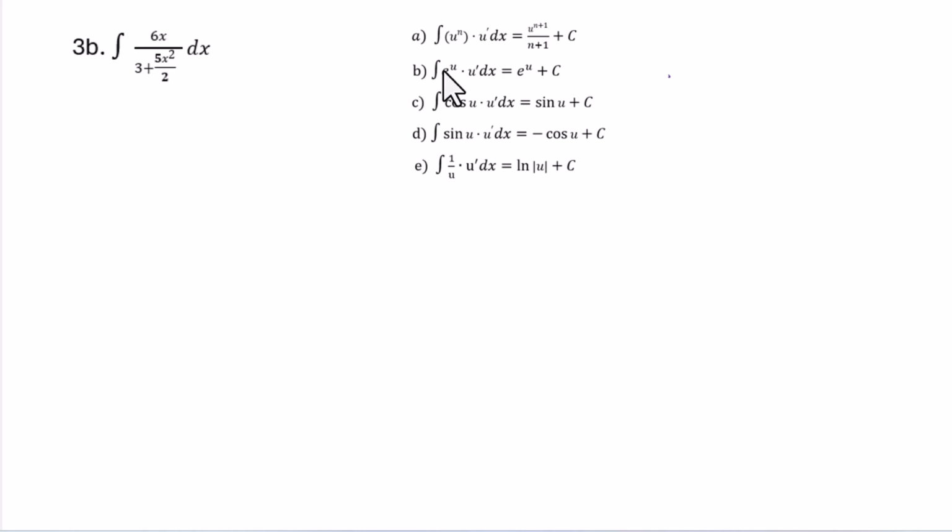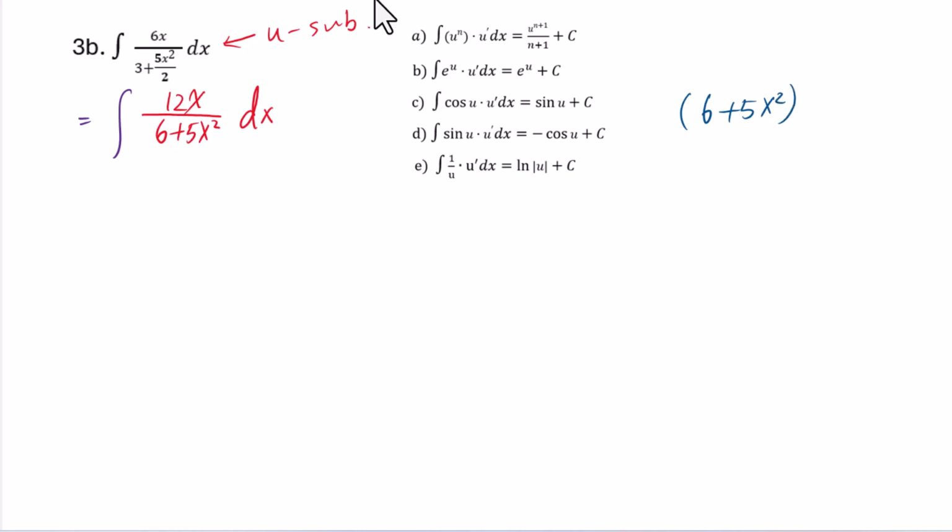Let's go to 3b. We already figured out we got to use u substitution, in other words, reverse chain rule. Times 2 for each term in these rational expressions: 12x over 6 plus 5x squared dx. (6 plus 5x squared)' equals 10x.